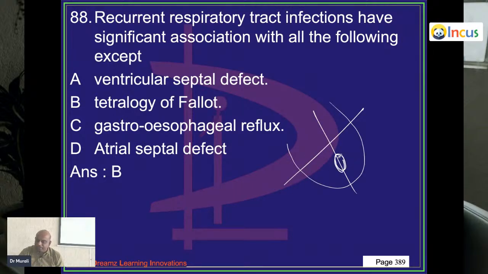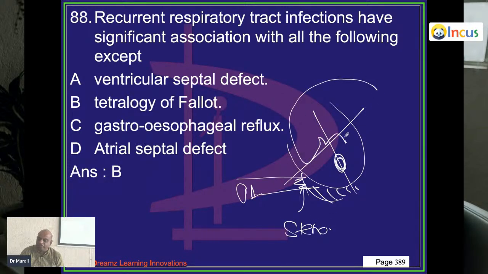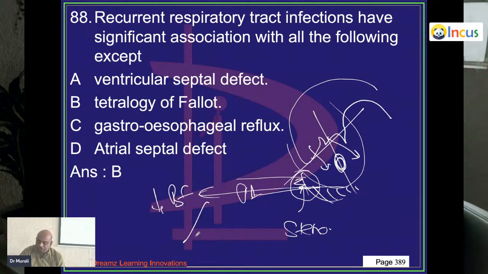Tetralogy of Fallot, there is a VSD, right ventricular hypertrophy, and the pulmonic valve is stenotic. And there is an overriding aorta opening into both right ventricle and also left ventricle. So pulmonic stenosis means there is decreased blood flow to lungs.